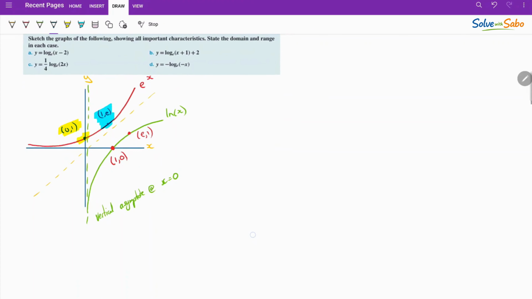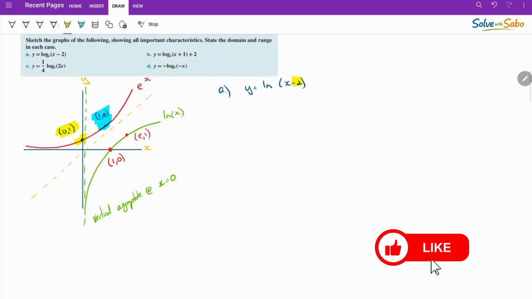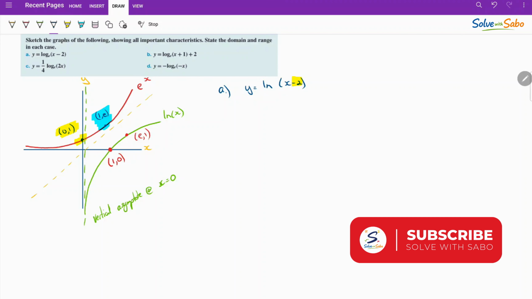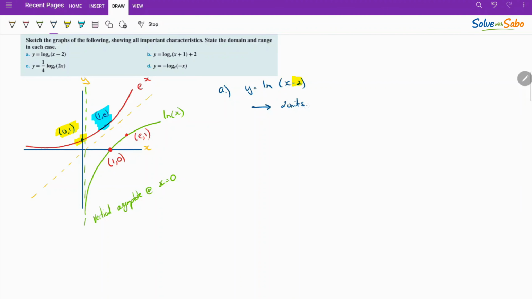Alright, I'll just slide this down a little bit. I might run out of room. We are going to graph y equals, I'm not going to write log e, I'm going to write ln(x - 2). So this is an h transformation. That means h is -2, which means in this case the whole graph has been translated to the right 2 units.